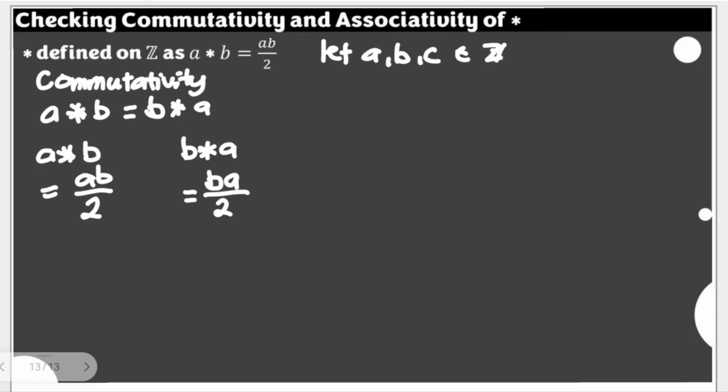However, since the terms found in our numerator are separated by multiplication, and the usual multiplication is commutative, we can rearrange it like this, AB over 2, without any problem.